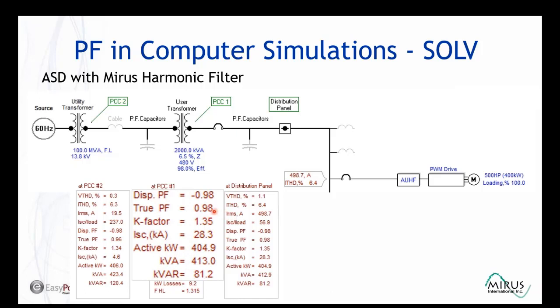And by removing the harmonics, we've now restored our true power factor to near unity, or 0.98. So it's basically now reflected as the same as the displacement power factor on our system.